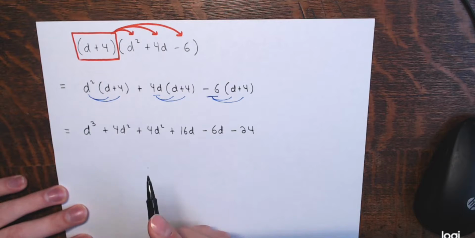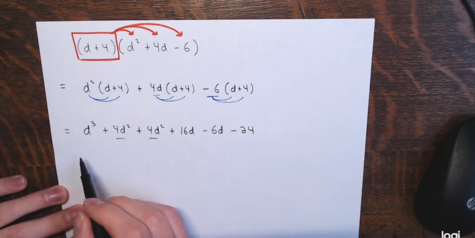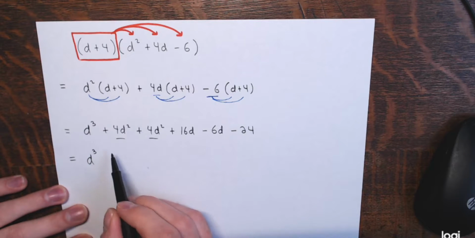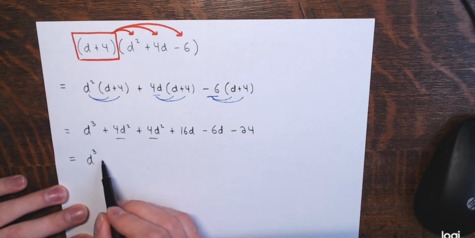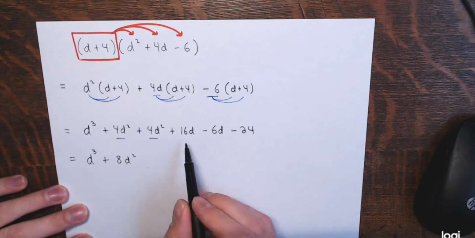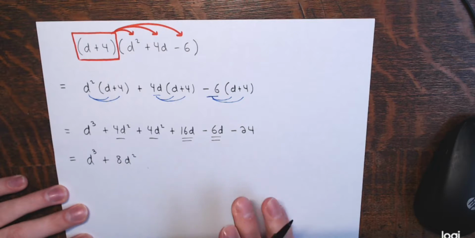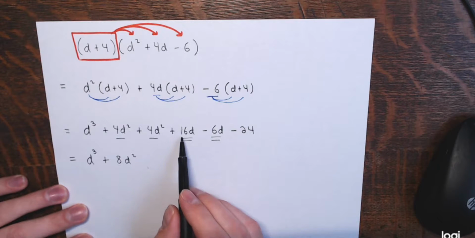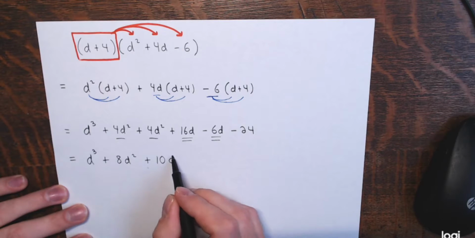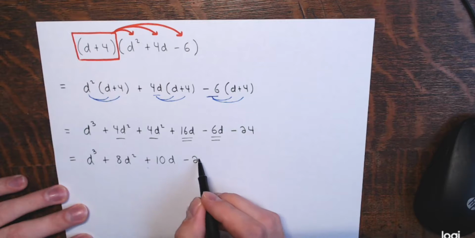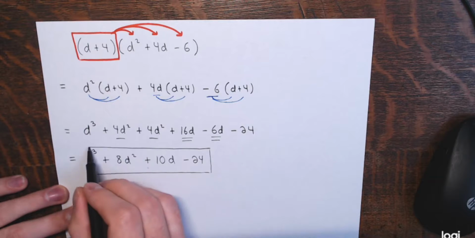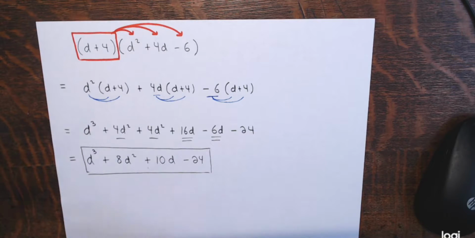And then, of course, combine like terms. The d squared terms go together. So we have d cubed, and then 4d squared plus 4d squared is positive 8d squared. And then these two terms have d to the first, so those will go together. Positive 16d minus 6d would be positive 10d. And then you have the minus 24 constant term on its own. And none of these terms are like, so this is as simplified as that product will get.